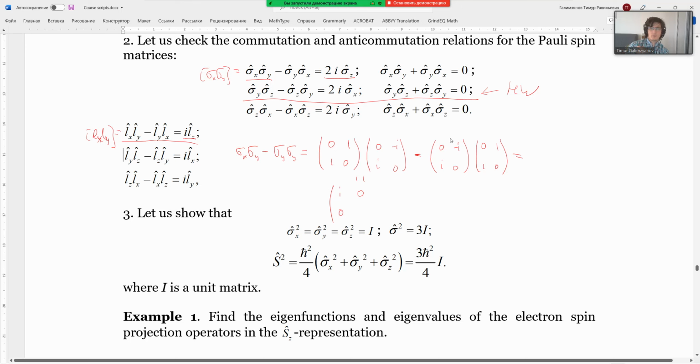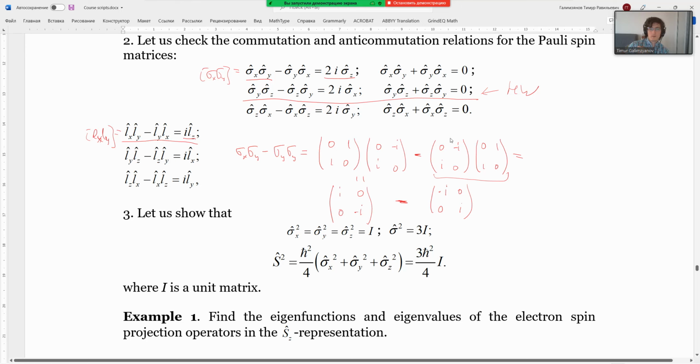This row on this column gives us minus i. Then for the other product, this row on this column gives us minus i, 0, 0, and this row on this column is i.